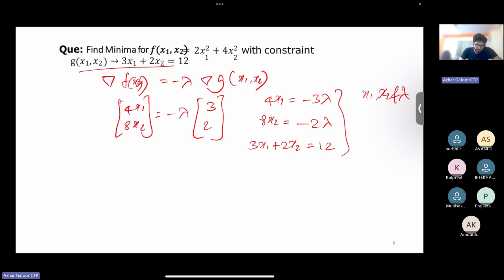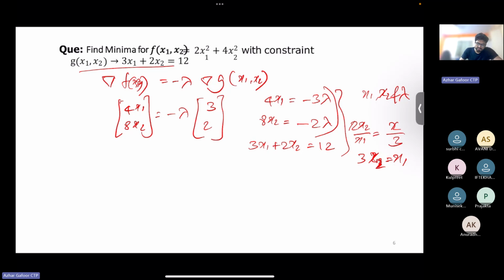So maybe we can simplify this a bit. Let's try to convert everything into one single variable. From these two equations, we can write 2x2 by x1 will be equal to 2 by 3. So the 2s get cancelled, and we get 3x2 is equal to x1.